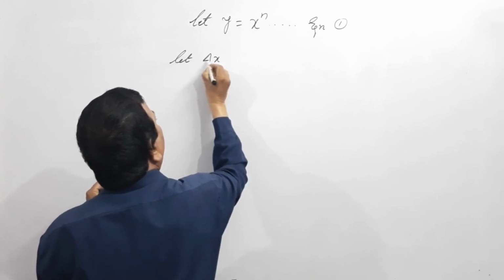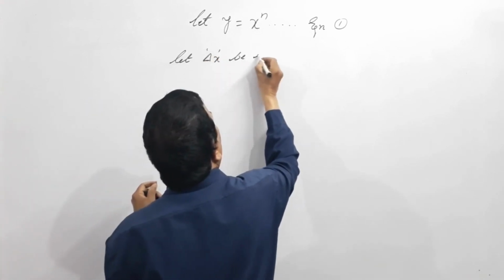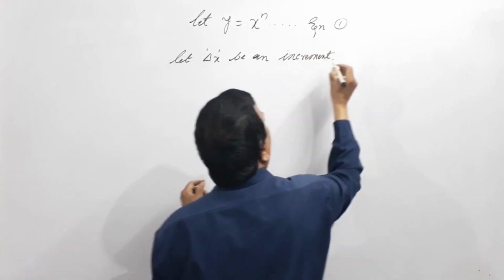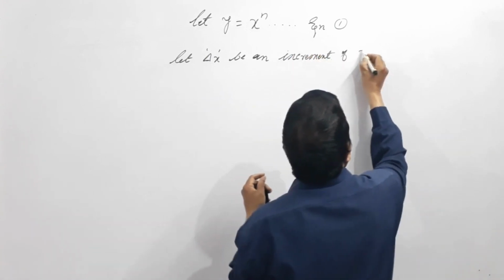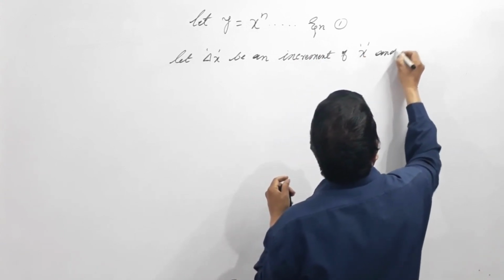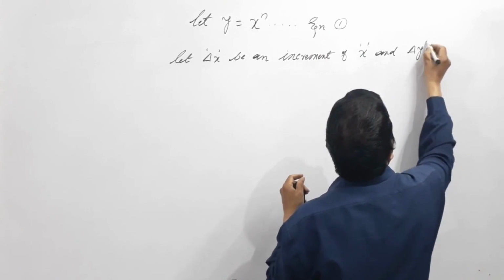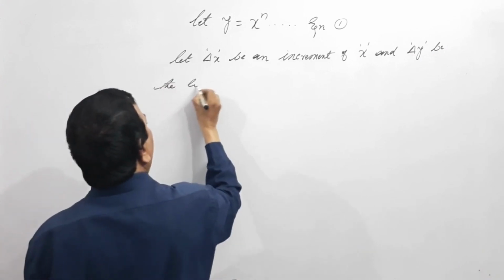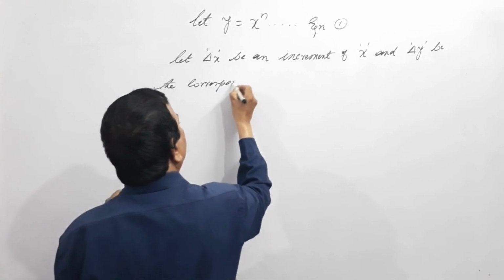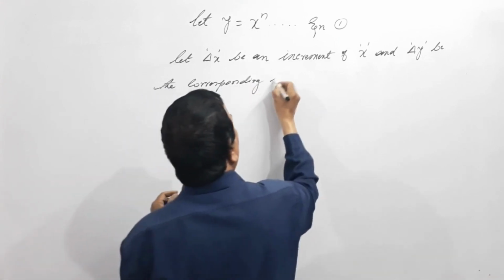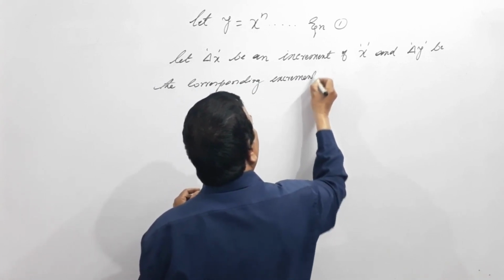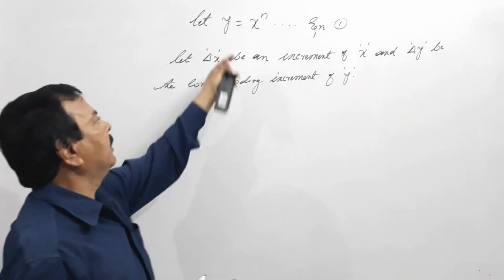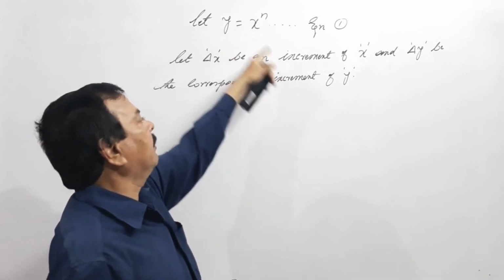Let delta x be an increment to x and delta y be the corresponding increment to y.